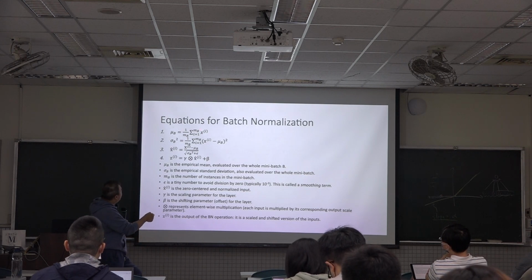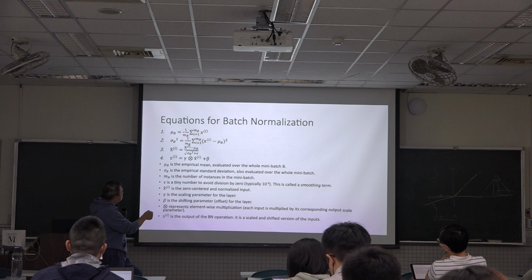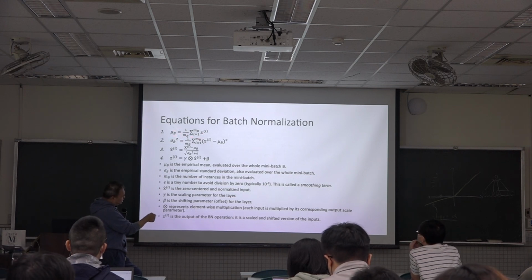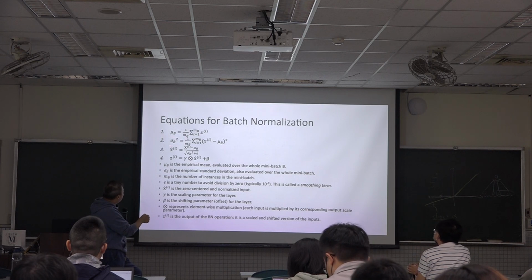We just add up this feature for this batch and then do the average. So we get the average of this feature in this batch, and we compute the variance, the standard deviation, for this batch.